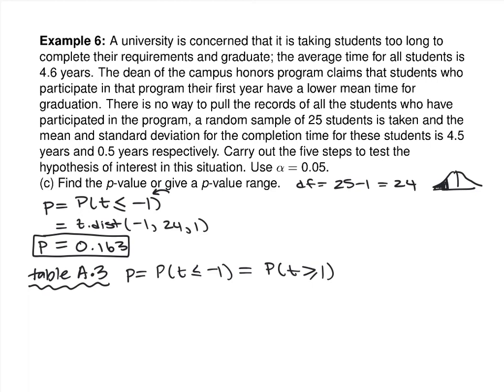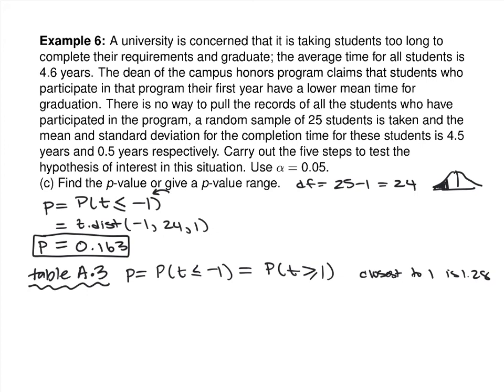Now, looking at your table for degrees of freedom equals 24, look across the top row, you have your t-statistics, 1.28, 1.5, 1.65. The closest one to 1 is 1.28. And your 1 is on the left of that.